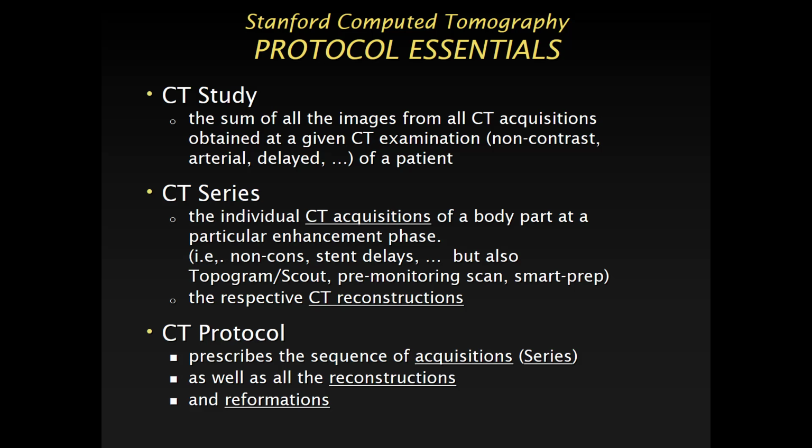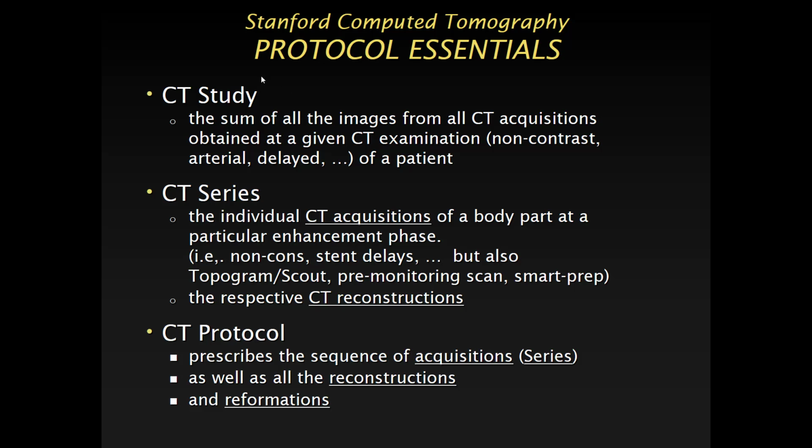Now, a very basic principle for protocols is essentially, what does it really mean? When you think about the CT acquisitions, you can categorize the acquisitions into the CT study, which contains a lot of CT series. So the CT study is where you have an accession number for and what gets billed to the insurance companies.